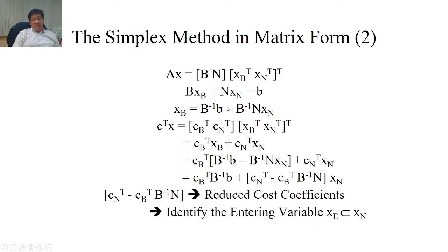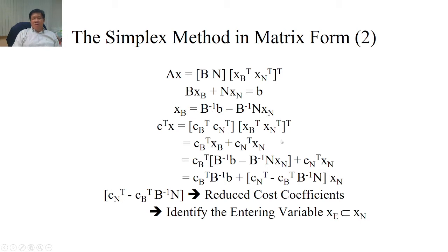Actually, to get the extreme point for any equation expressed as A times x equal to b, you separate the two variables x sub b and x sub n, and then you solve the remaining equation while you assign x sub n equal to 0. Therefore, x sub b has to be equal to b inverse times b, because x sub n is always 0.